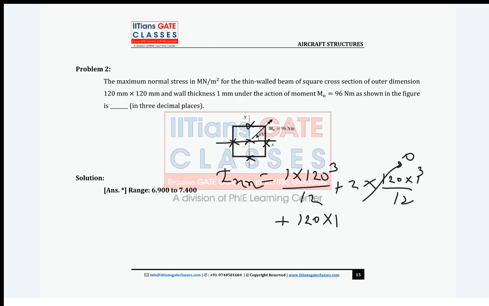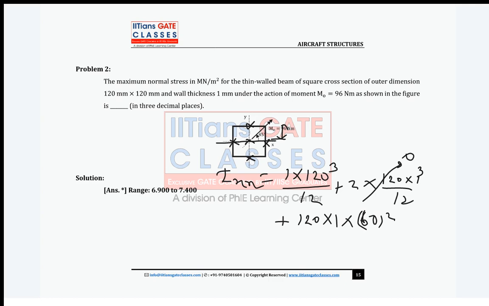You have to do the thin walled assumption also, so better you take exact. I will tell that thin walled assumption also. So 120 into 1 is the area, and then what is the distance? 60 is the distance from the centroid. So 60 square. You guys can find out. You will find this area moment of inertia is almost similar.